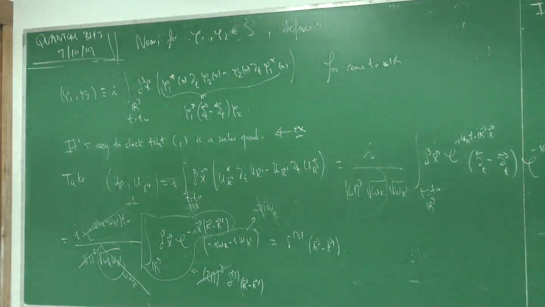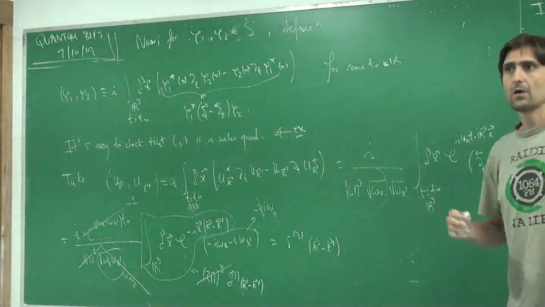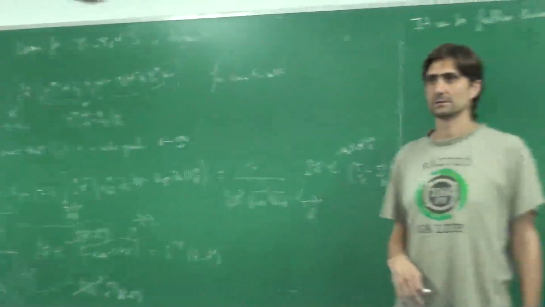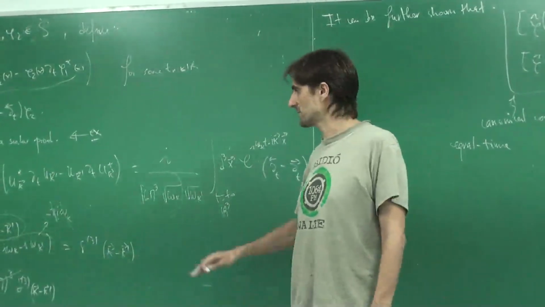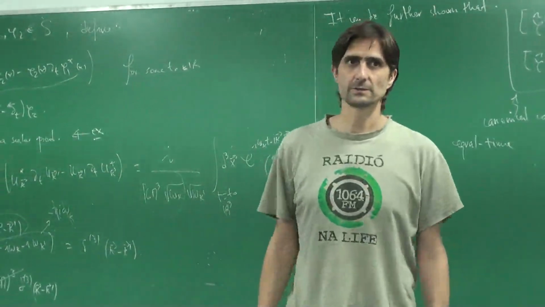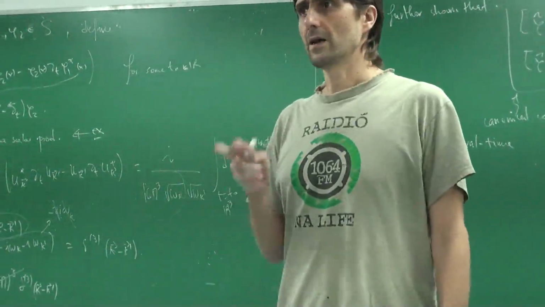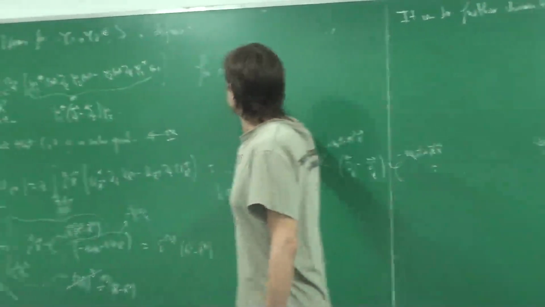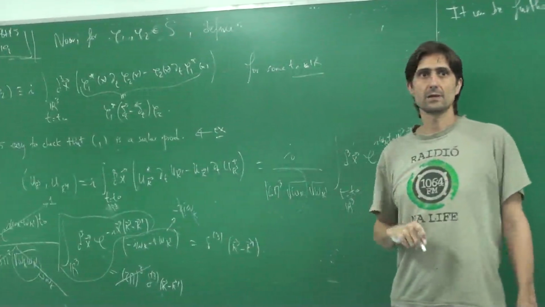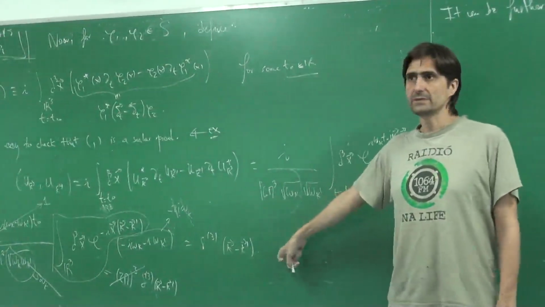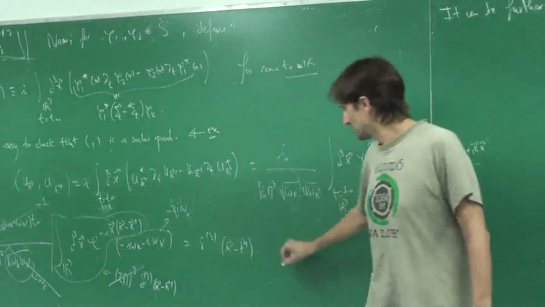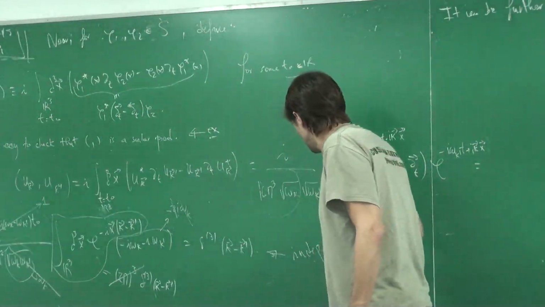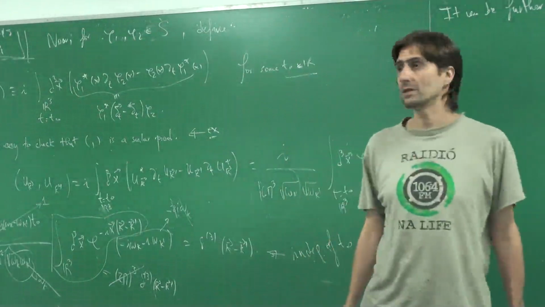That's feature number one. Number two is that this is positive definite. So far so good. And another very important feature: this was for some time t0, yet this is independent of time. So this is independent of the choice of time t0.